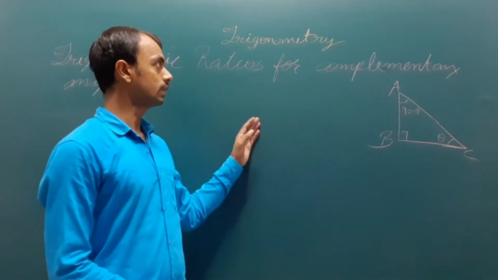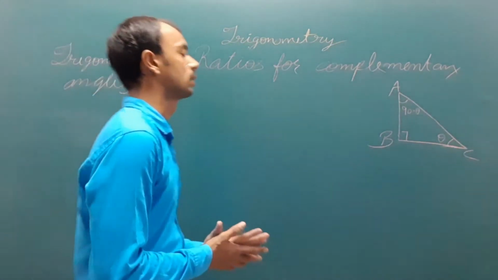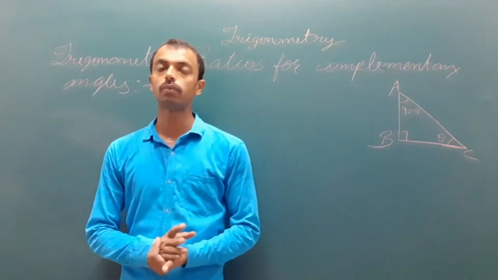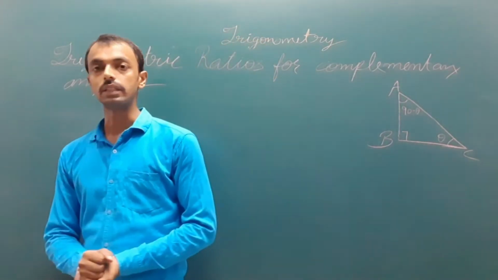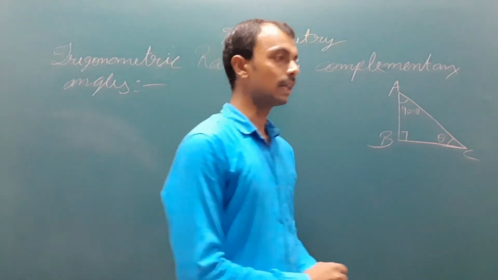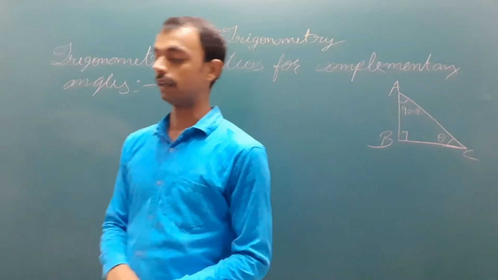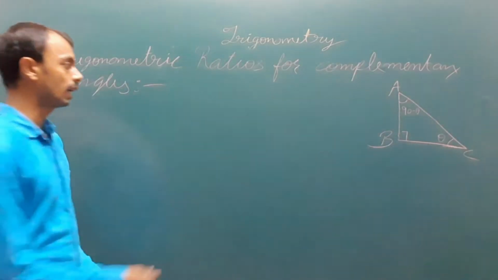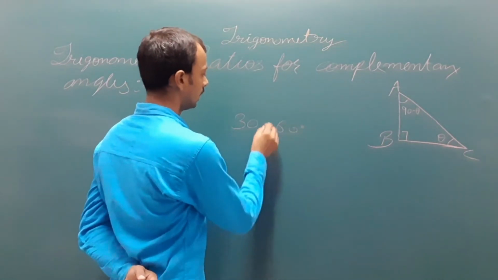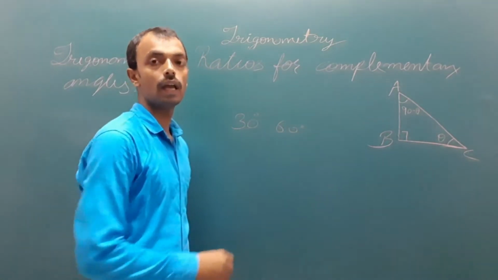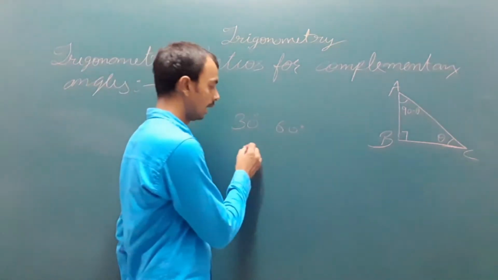Now let us understand the trigonometric ratios for complementary angles. First of all, you have to know what the complementary angles are. Complementary angles means if I am adding two angles and that becomes 90 degree, means if one angle is 30 and another is 60, then these two are complementary angles of each other, means the sum of these two angles gives me 90 degree.